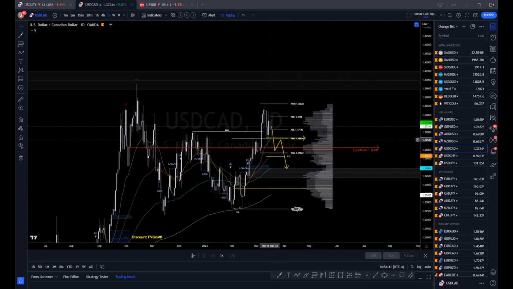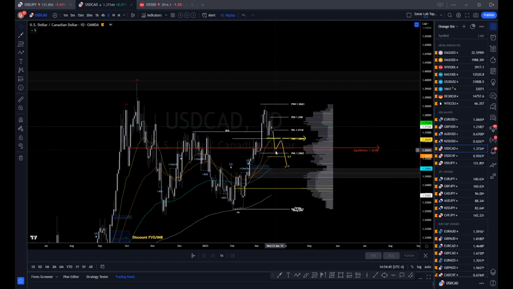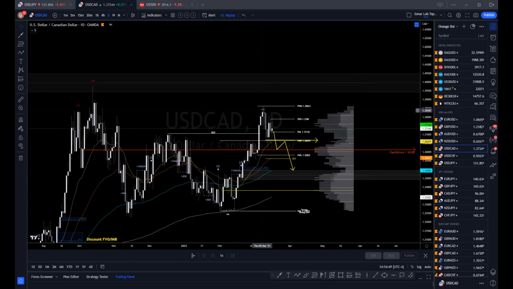I just don't see that. So the pullback, yeah, possibly, right? To get people thinking, no, we're short. We've got a shift in market structure, but we need to break below this and stay below that to have a change of character. We could poke below, and then we could come right back up.